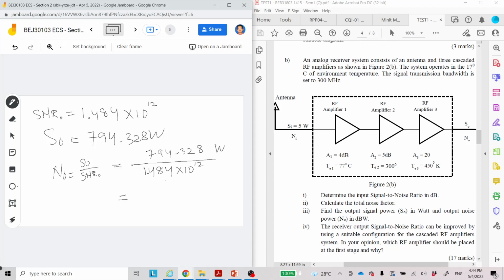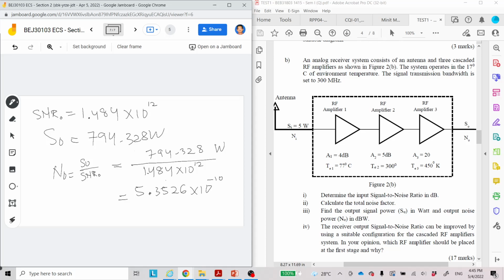So you get how much? 794.328 divided by 1.484 exponent 12. So we get 5.352635, times 10 power of minus 10.